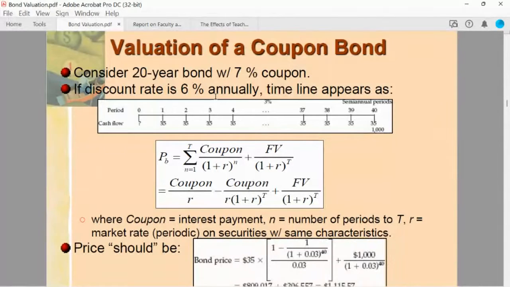That means bonds of the same risk class are paying on average 6%. Or the bond is priced to yield 6%, right? So this is the yield, and it's the discount rate of the bond.